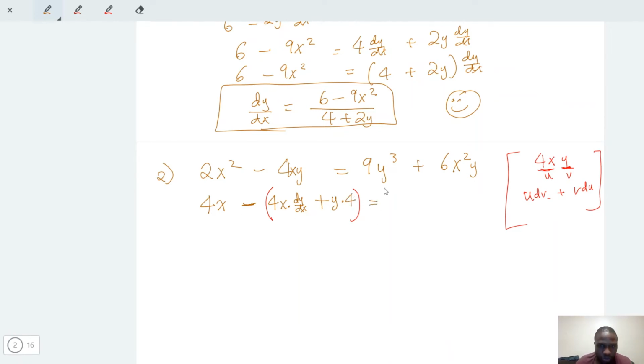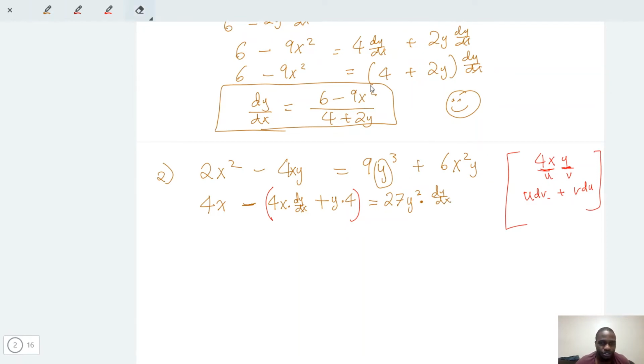I've done the left-hand side, now time for the right-hand side. 9y cubed: if I differentiate this, I get 27y squared, according to the chain rule, treating y as a single thing. Then I multiply my answer by the derivative of y.